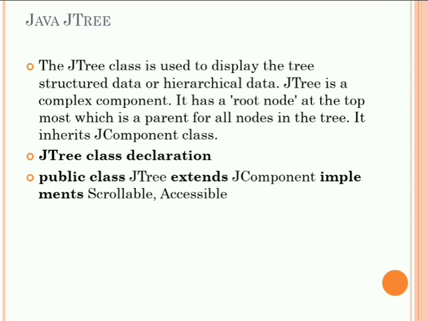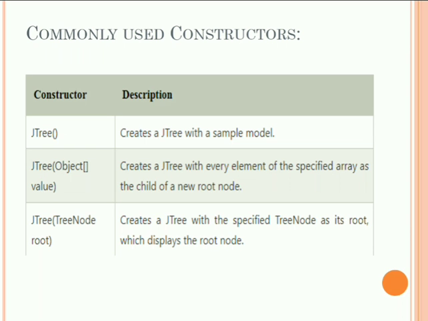JTree class declaration. This is how we declare a JTree class, how we can program or code that particular tree. The syntax is: public class JTree extends JComponent implements Scrollable, Accessible. These are some of the constructors that are commonly used in JTree. JTree, which creates a JTree with a sample model.